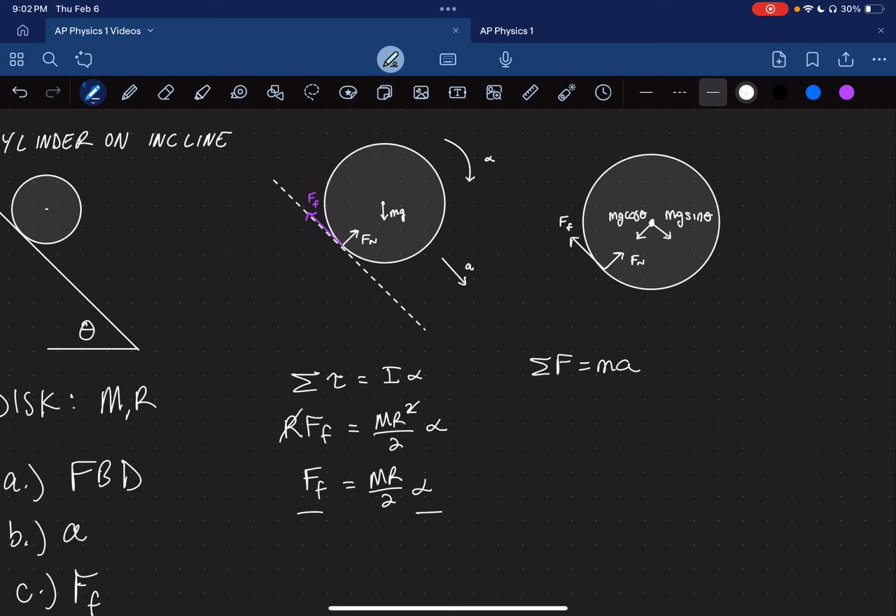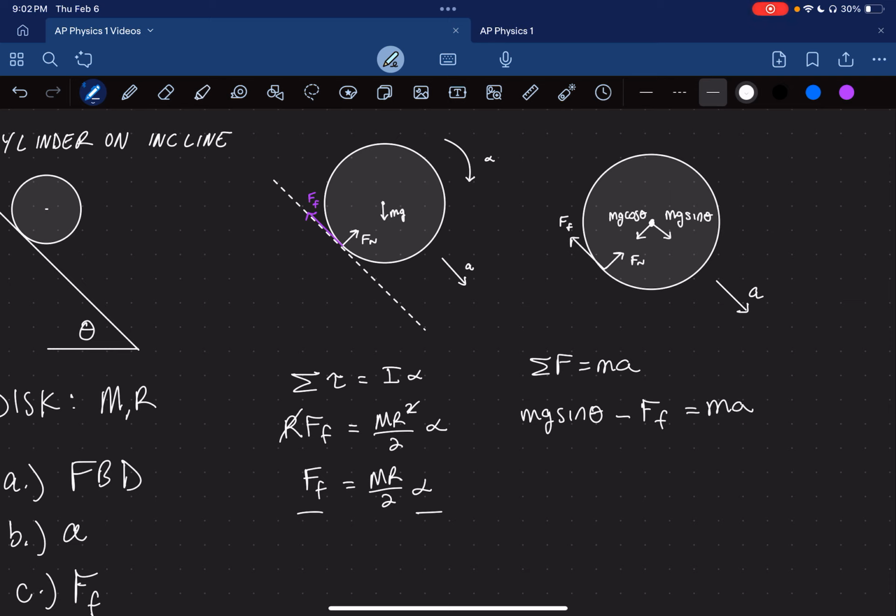The sum of forces equals ma. So we'll take a look at this diagram over here. Let's look along the dimension of acceleration. The force causing this translational acceleration, mg sine theta, points in that direction. The one opposing is the friction force. So mg sine theta minus friction force equals ma.